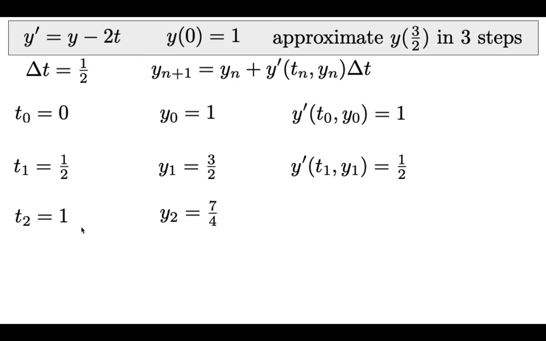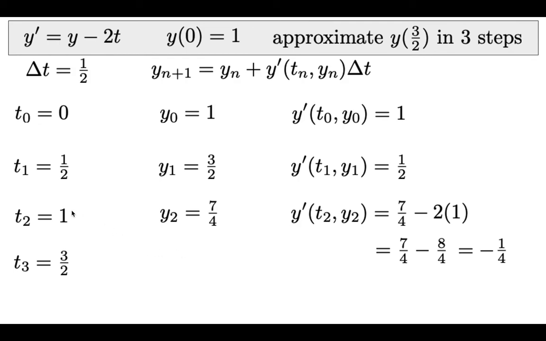So we'll plug in 1 and 7/4 into this differential equation. So y'(t2, y2) is equal to 7/4 minus 2 times 1. And 2 times 1 is 2, and we can rewrite 2 as 8/4 to give a common denominator. 7/4 minus 8/4 is equal to -1/4.